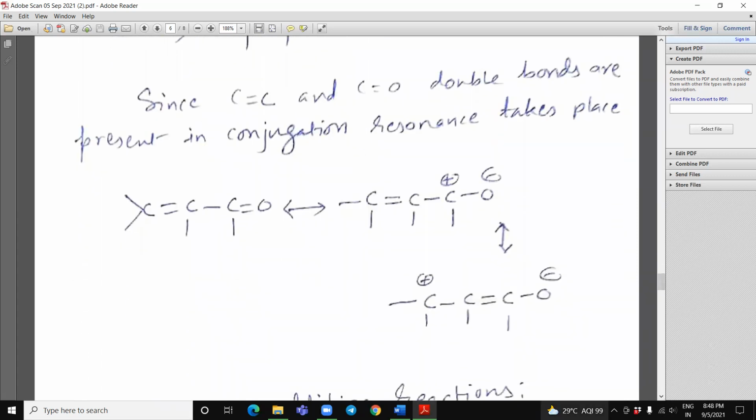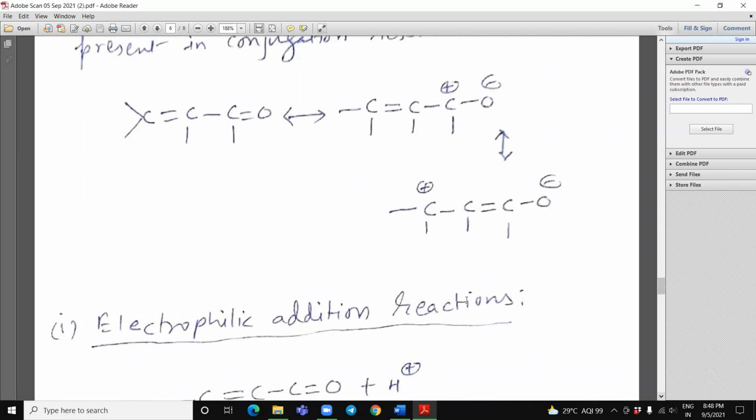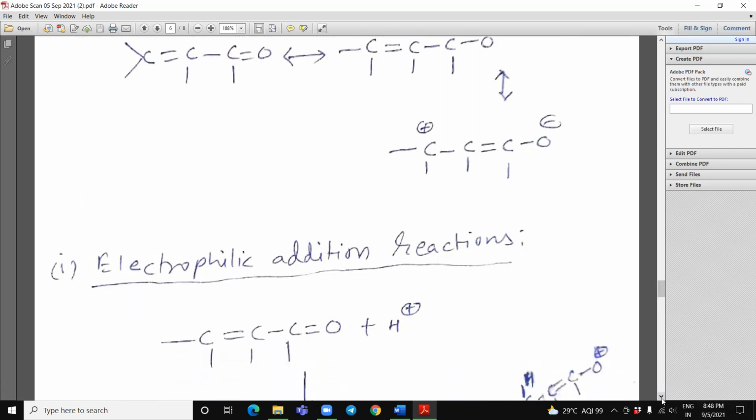See here, two types of functional group. One is the unsaturated carbon-carbon double bond and second is the carbonyl. As we know, the carbon-carbon double bond normally gives electrophilic addition reactions, and the carbonyl group will give nucleophilic addition reactions. Let's see how these reactions occur.